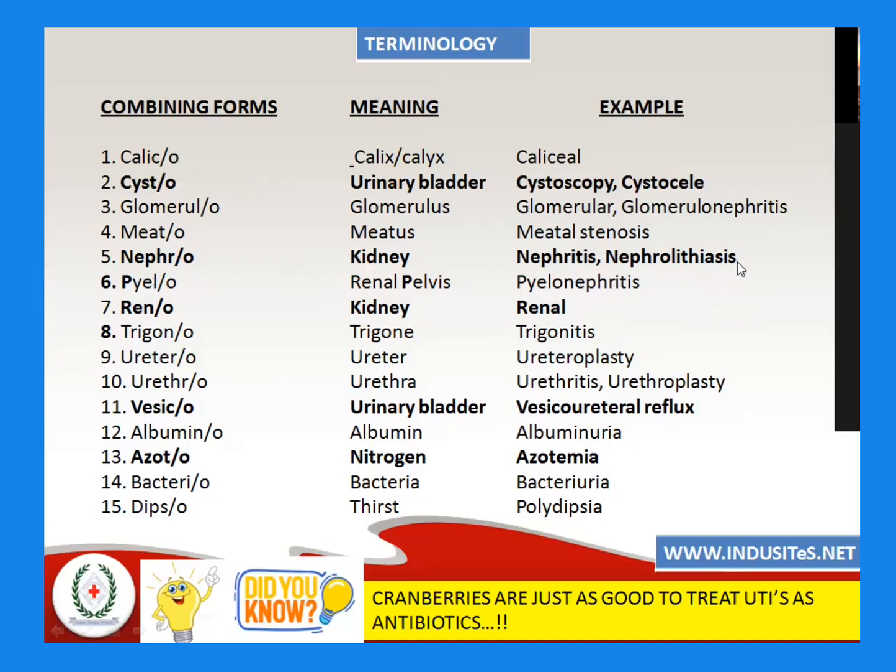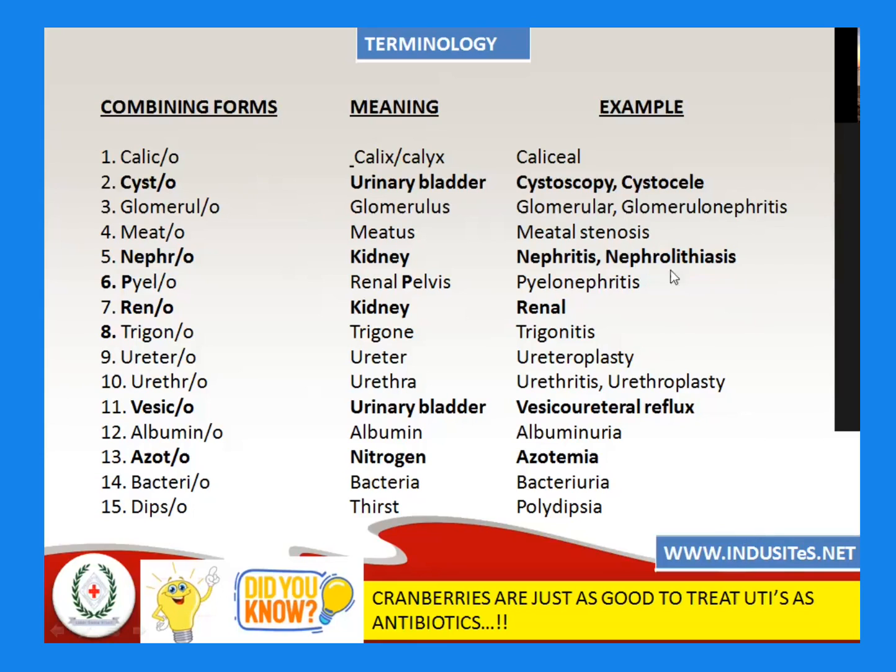Whereas nephrolithiasis, looking at the basic word structure, we have two root words as well as one suffix, and the suffix is iasis. Nephro is one root word, litho is another root word, and iasis is the suffix.